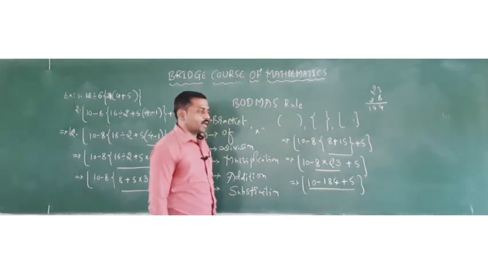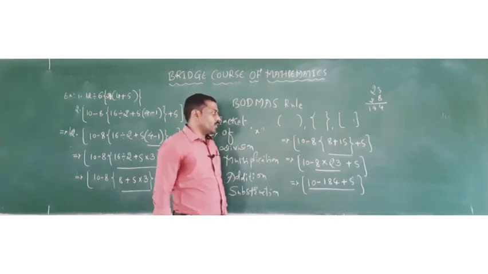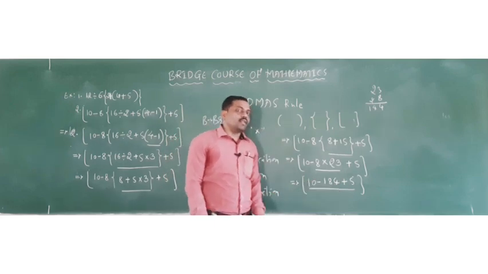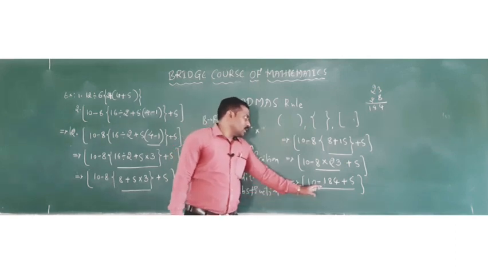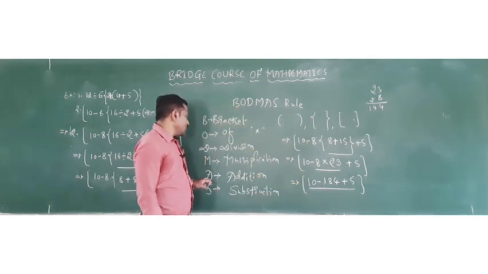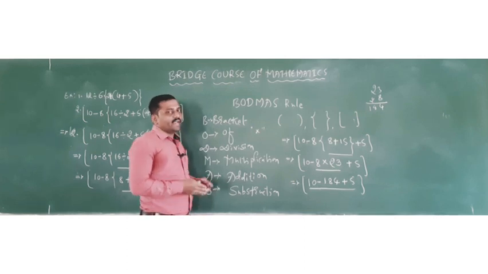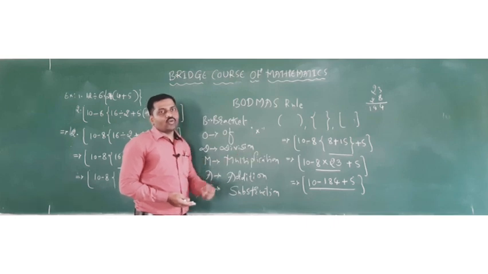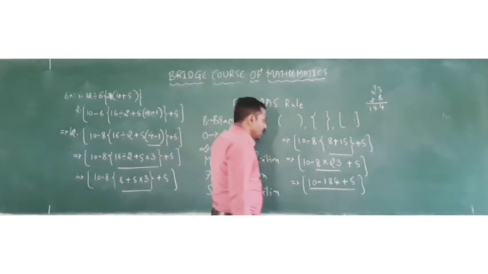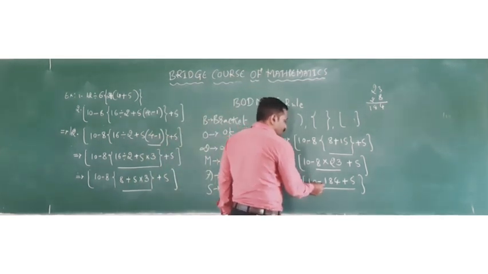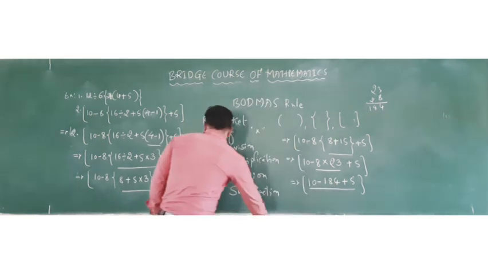So within the square bracket there are two operations. Doing these two operations at a time does not alter the result. By using the BODMAS rule, you can add first, or you can subtract first, or do both operations at a time. It does not change the value. Okay, here it is 10 minus 184. What is the answer?